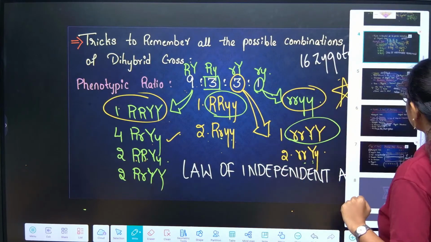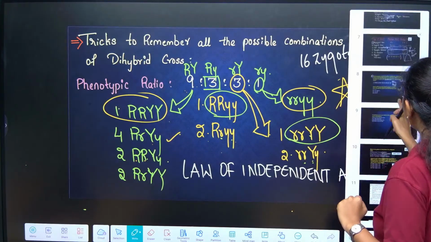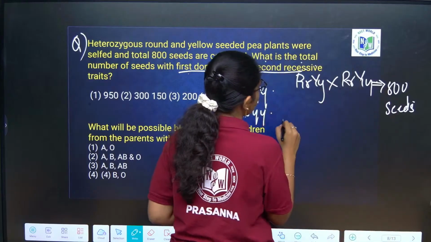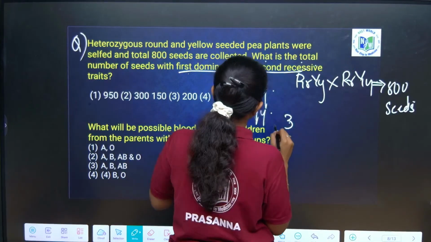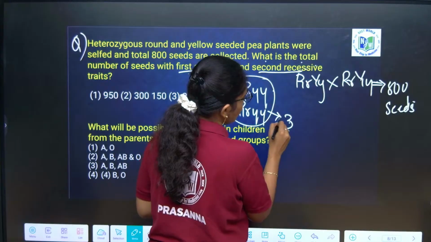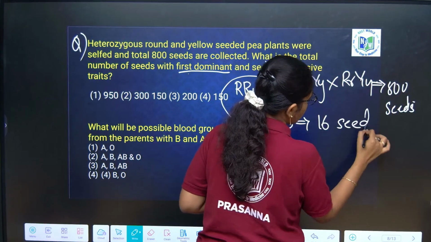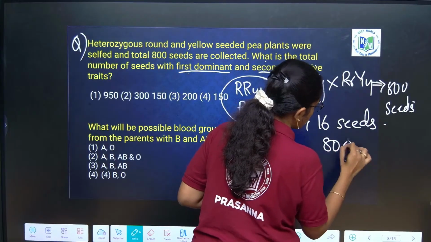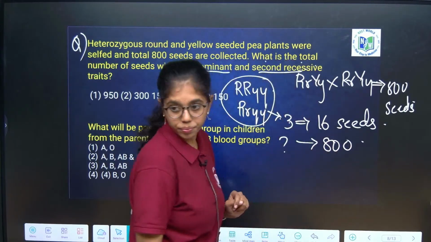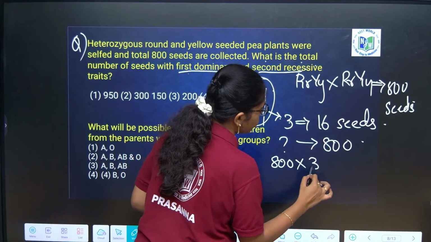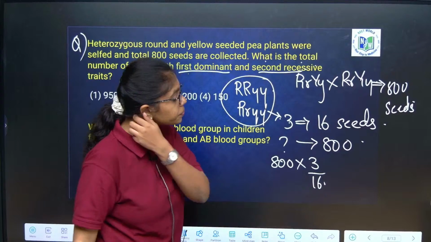Same cross, he is asking for 800 seeds. So when there are 3 such combinations for 16 seeds, for 800 seeds it is very simple: 800 into 3 by 16.